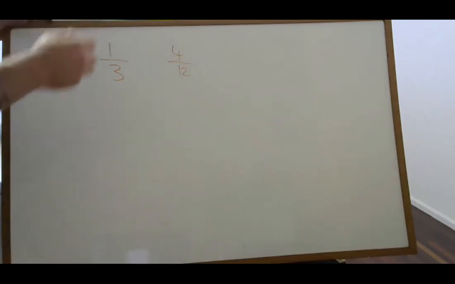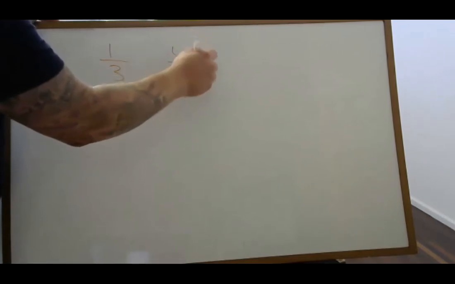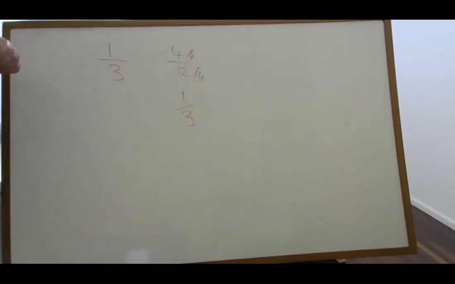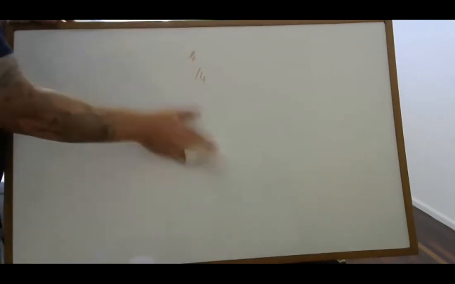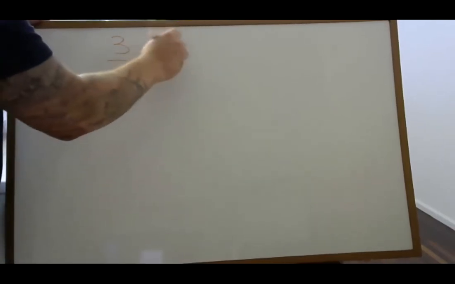So if I divide by 4, it gives me 1/3. So yes, they are in proportion with each other. Three over 4 and 4 over 1.